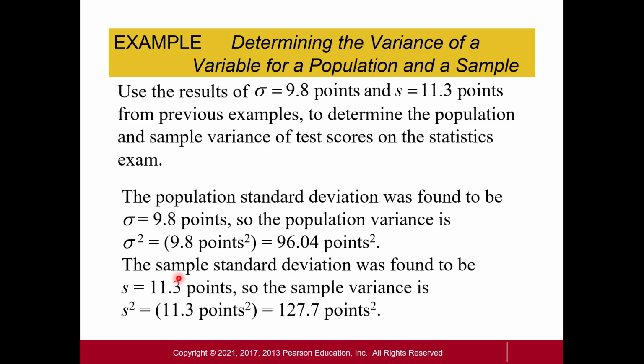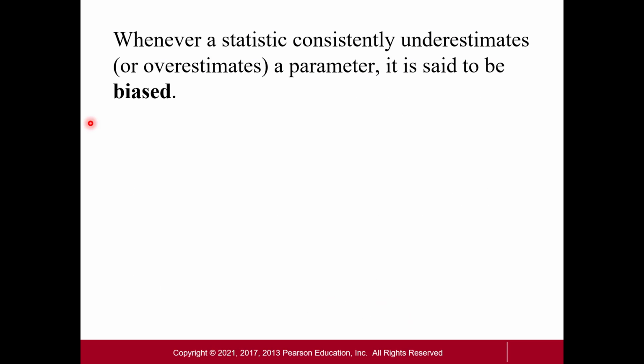Very similar process for the sample: our sample variance is just 11.3 squared, so 127.7 points squared. Basically, if you're finding standard deviation, right before you take the square root, that's what we call the variance.